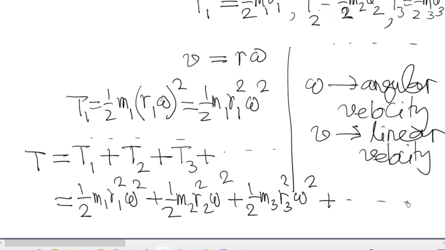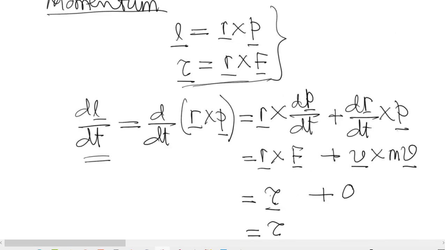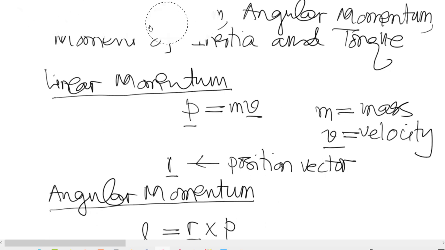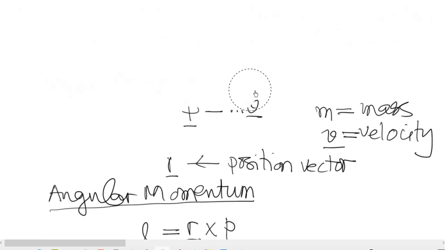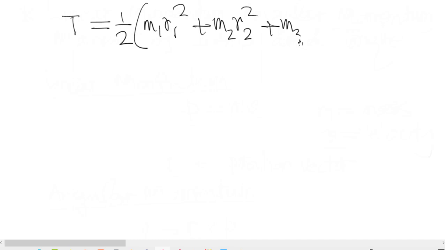Okay, and this sum can be simplified. Take common half, then it is m1 r1 square plus m2 r2 square plus m3 r3 square plus dot dot dot, and take common omega square.